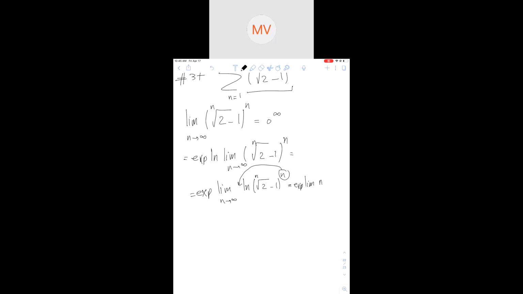Let me do one at a time. Nth root of 2 minus 1 here, as n approaches infinity. So I'm going to write this as exp limit of natural log of this guy, and then 1 over n, as n approaches infinity.